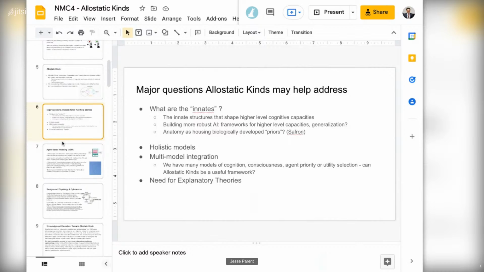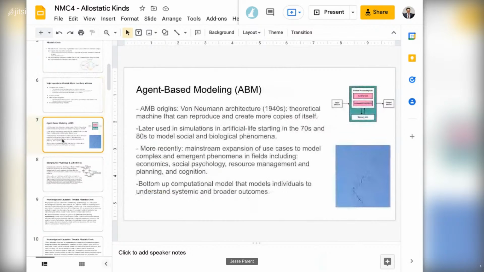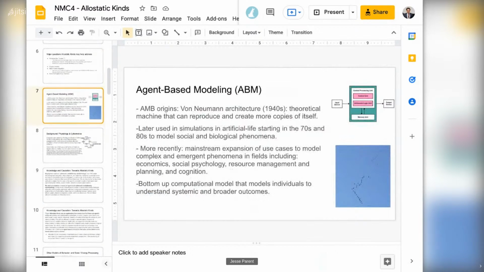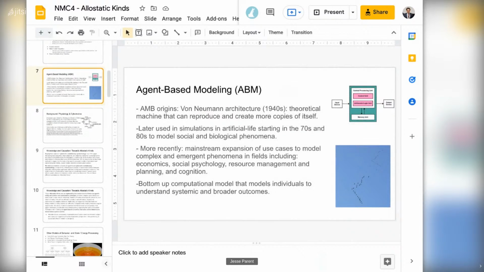So some of our inspiration comes from agent-based modeling, along the lines of von Neumann architecture and A-Life, and more recently, some more robust modeling of emergent phenomena in economics, social psychology, and cognition, looking at bottom-up computational models and systemic and broader outcomes.